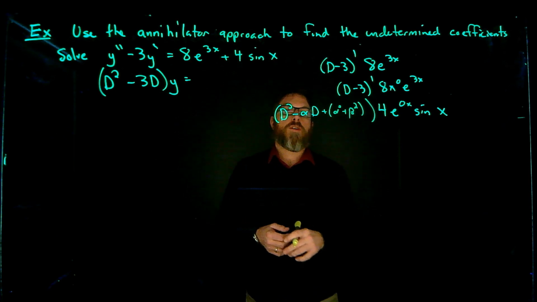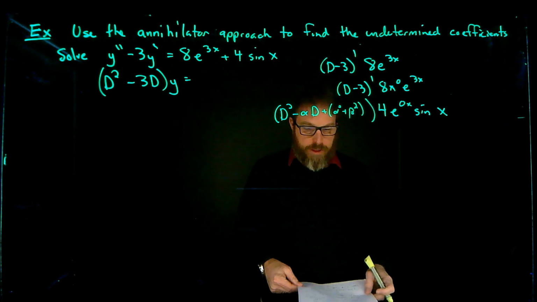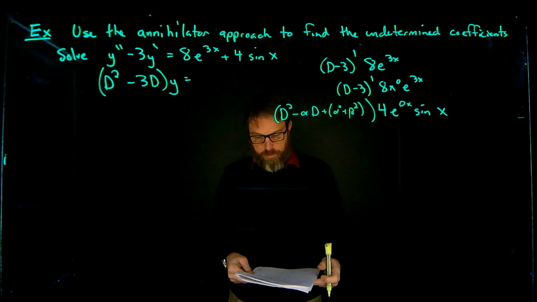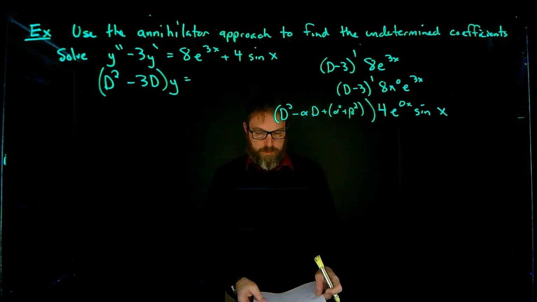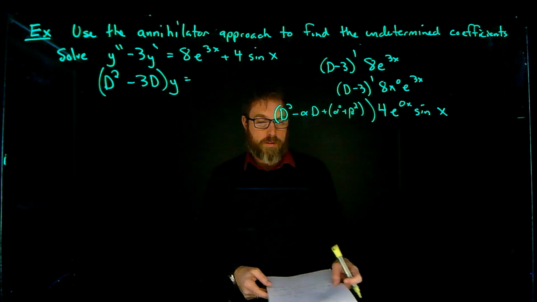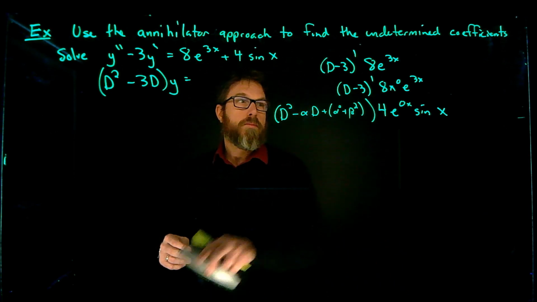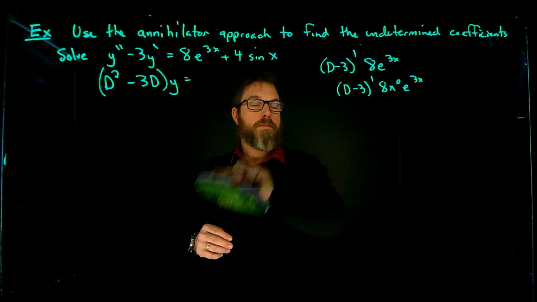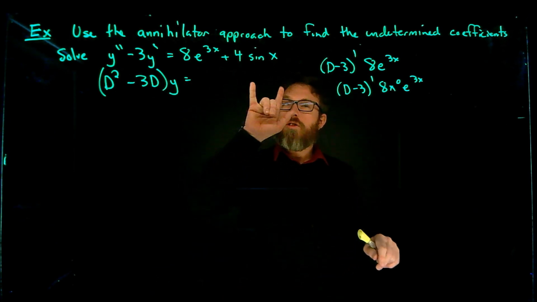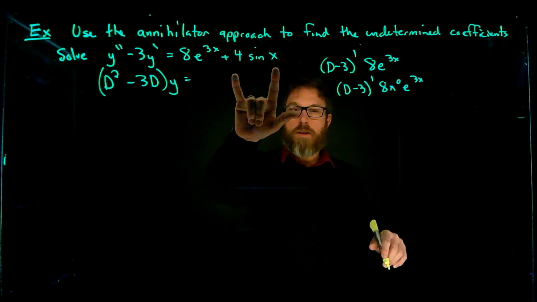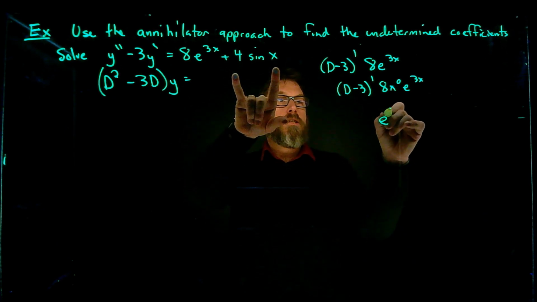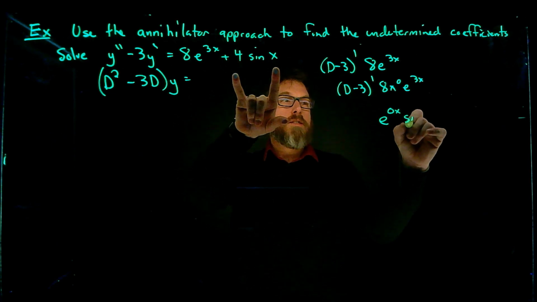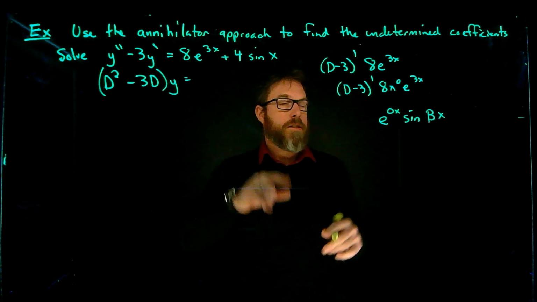So we have to figure out what is our alpha and then what is our beta. So this is a special case of something that looks like a e to the 0x sine beta x.